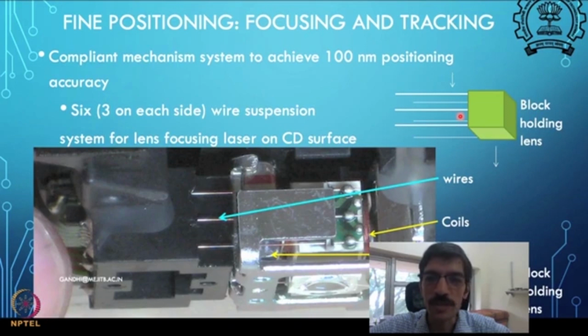So there is no friction in this motion, and since there is no friction, all the nonlinearities, in the mathematical or physical sense, coming because of the friction are gone. For example, when you reverse the direction of the motion, the friction force changes its direction. That is a sudden discontinuity in the friction force, which is not desirable. That is a non-linearity.